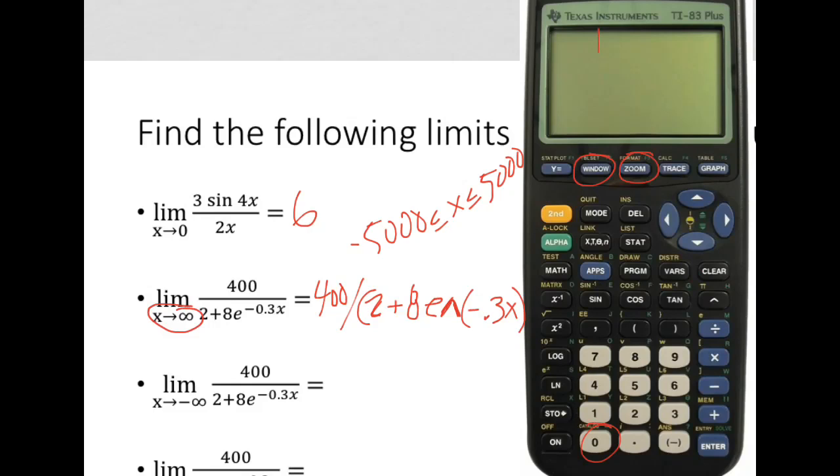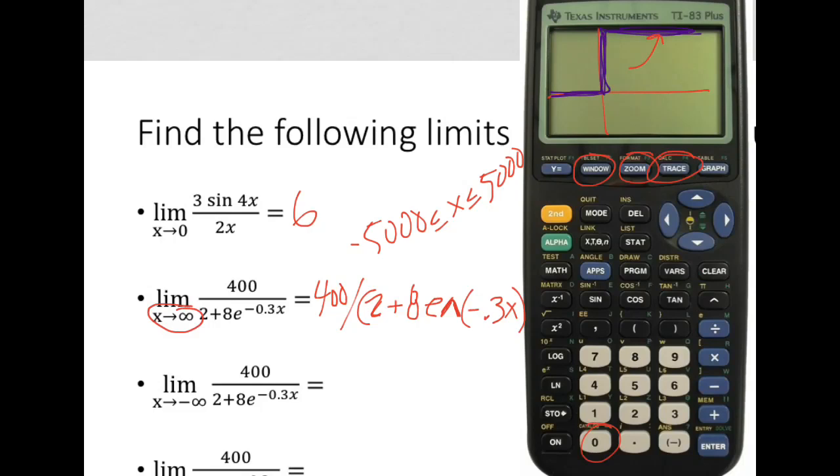When we do that, we're going to get some really ugly looking function that kind of looks like that. It's going to look bad on our calculator, but it's actually telling us enough information to find both of the next two limits. So if you hit the trace button, notice it kind of looks like a horizontal line up there.